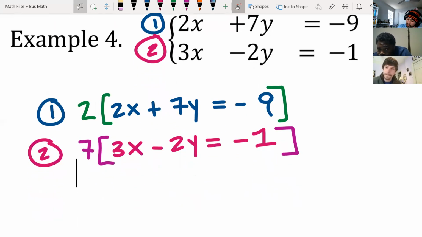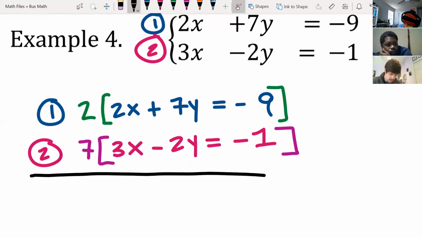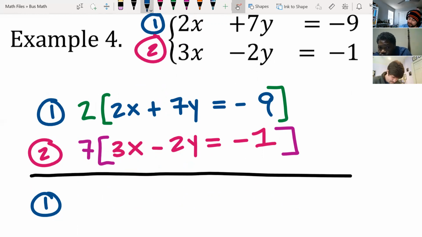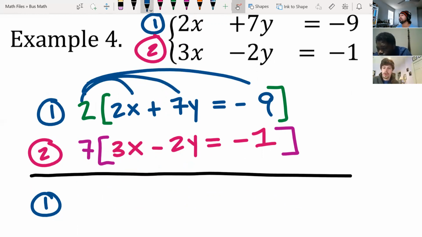All right. So we're going to do our manipulations. And I'm going to rewrite our new equation 1 after the manipulation. So this 2 has to distribute to every single number.